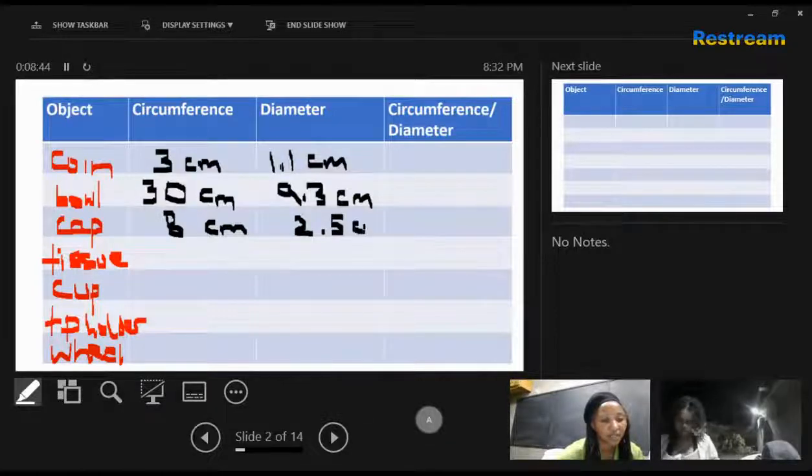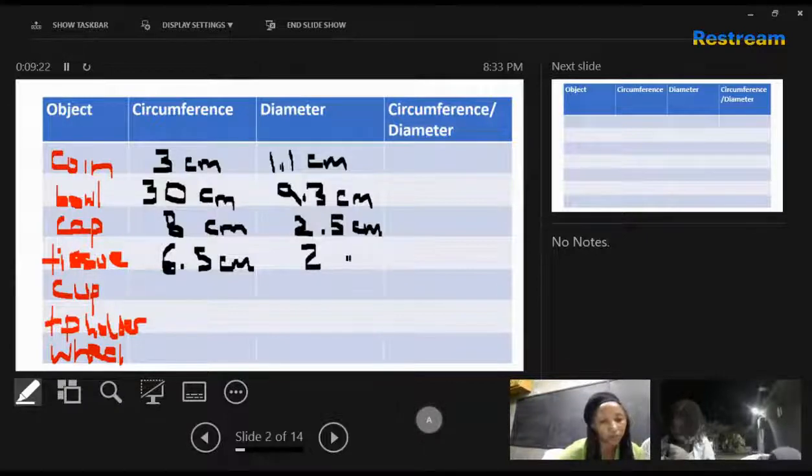For the tissue roll, 6.5 centimeters for the circumference. For the diameter, I have 2 centimeters. Okay.